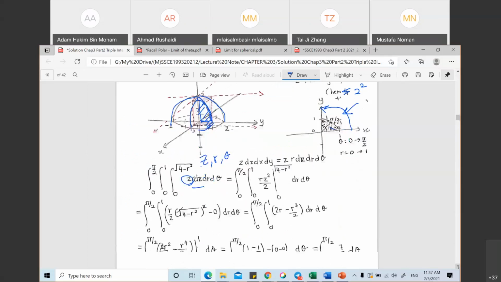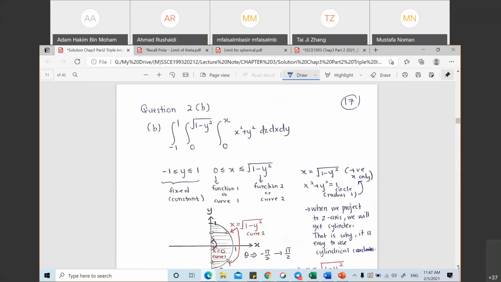Okay. Next one. So your z is 0 to x. Your x is 0 to the square root of 1 minus y squared, and y is from -1 to 1. Okay, this is different.